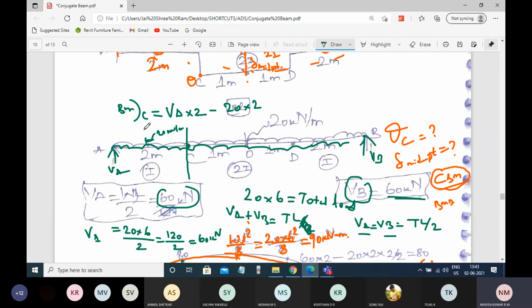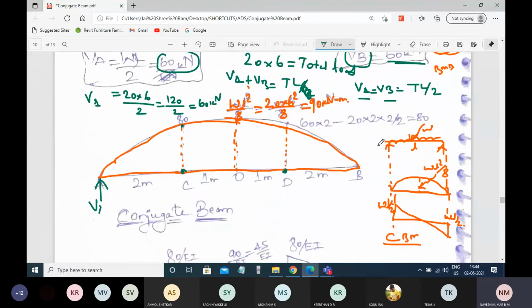This load acts exactly at the center, so for the perpendicular distance we take half of this UDL, that is 2 by 2. So VA: 60 times 2 equals 120. The 2 gets cancelled, so here 40. 120 minus 40 equals 80 kilonewton meter.